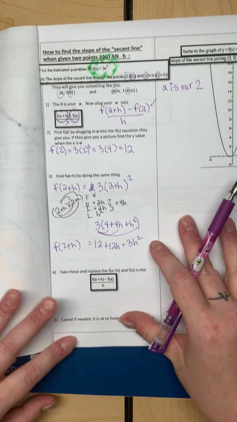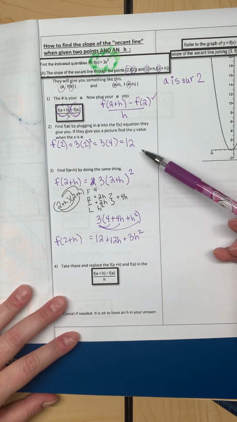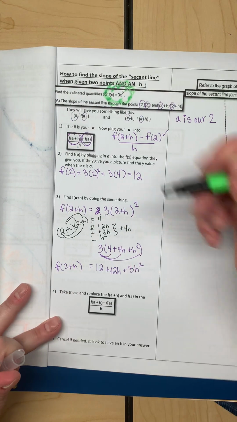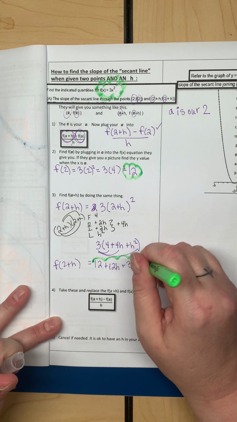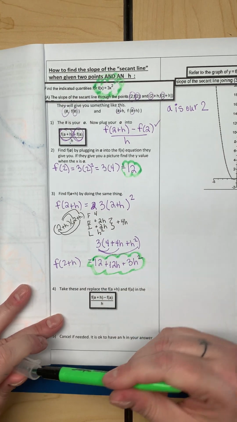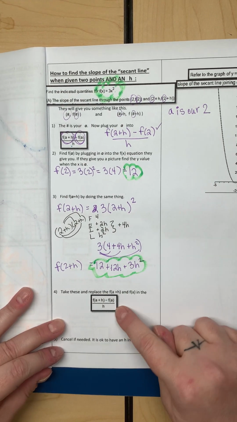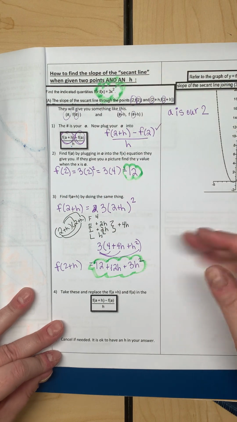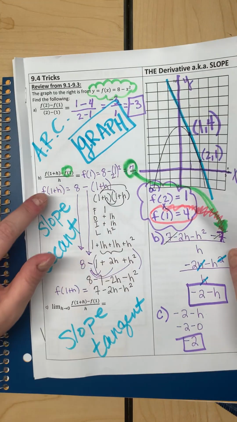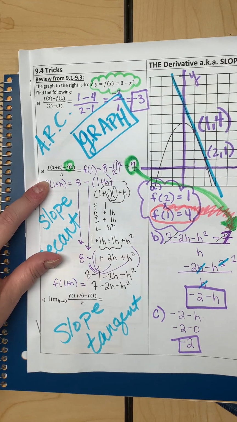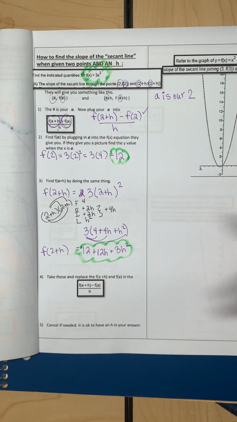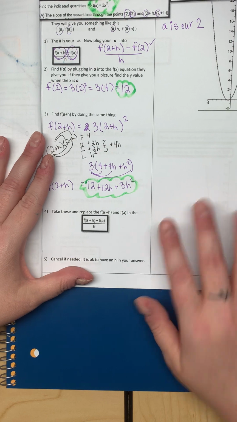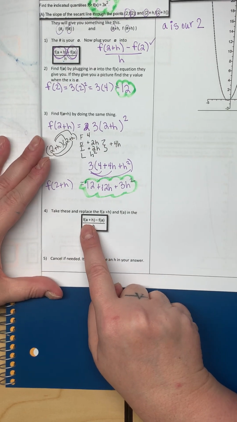Okay, step 4 says, take these answers that I just got, 12 plus 12h and all that, and plug it into our formula. So we're basically doing what we did on part B of number 1, only it has a 2 in it this time. It says f of a plus h.